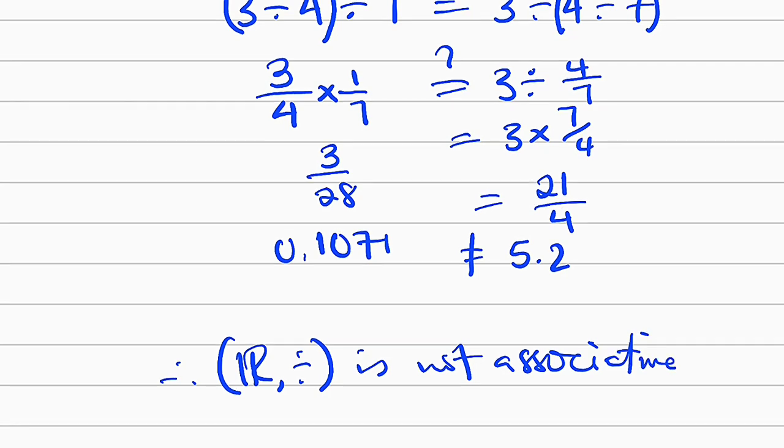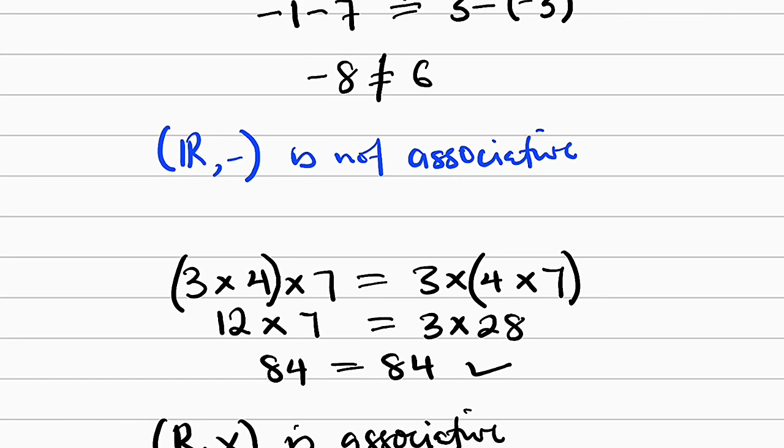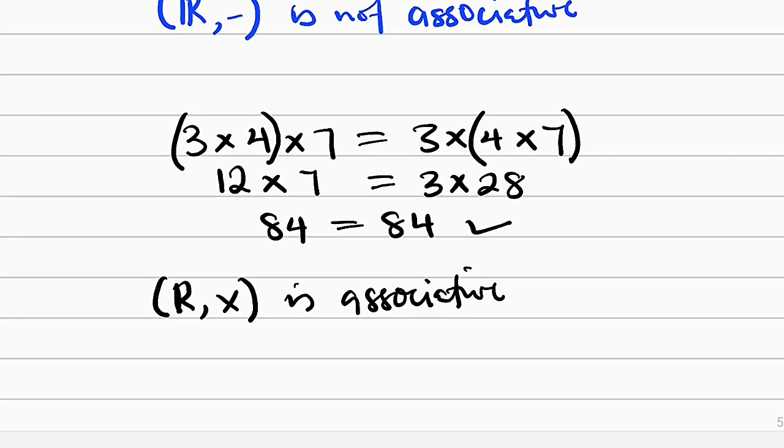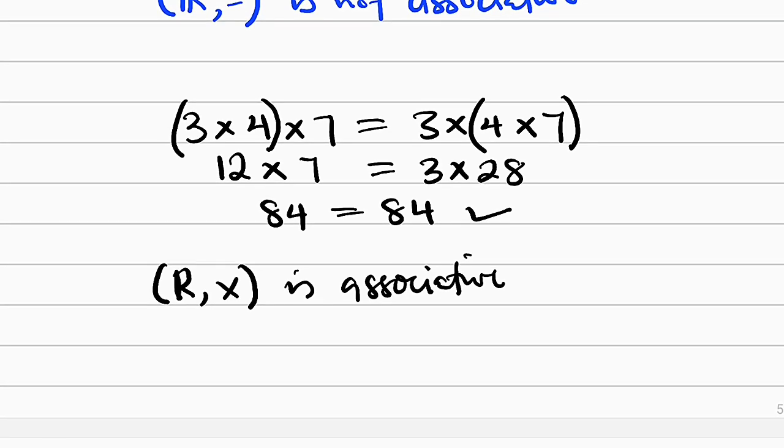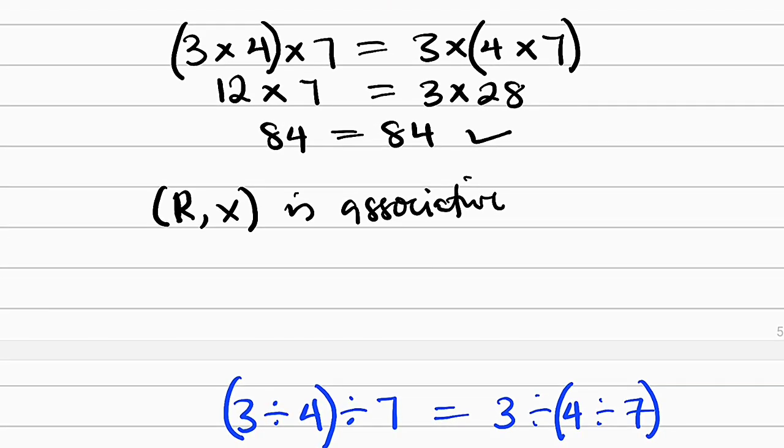So, in conclusion, you can see that addition and multiplication are the only operations that are associative, but subtraction and division are not associative. You see, we have been using the four basic operations to explain. Subsequently, you may see a different operation that is definitely going to be defined.